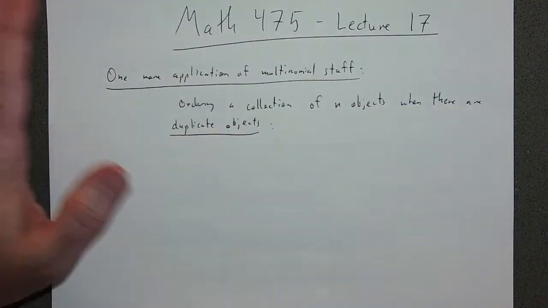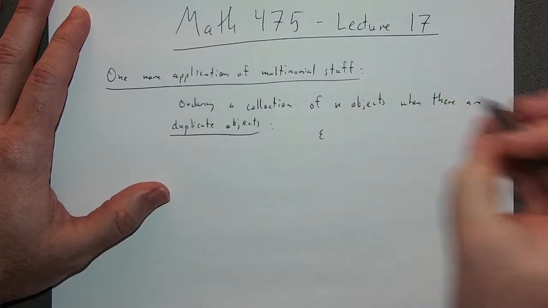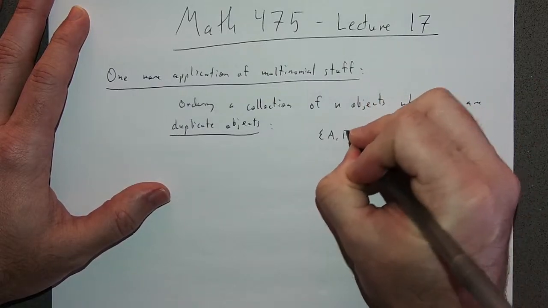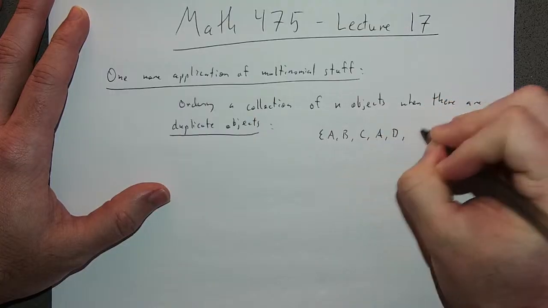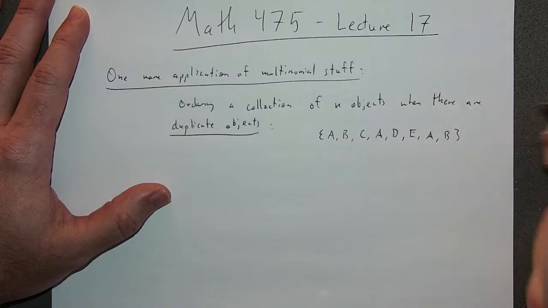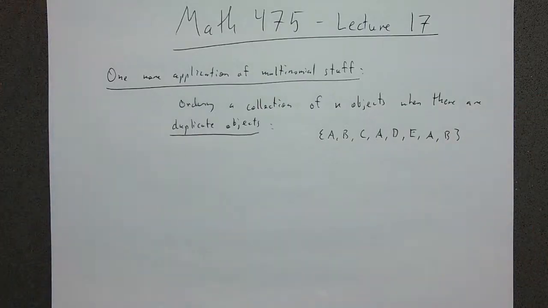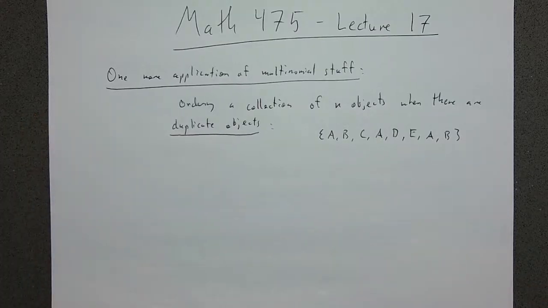So the collection of objects might be like this. Let's say it's letters, right? So there's A, B, C, A, D, E, A, B. This is a set where I have multiple copies of the same element.